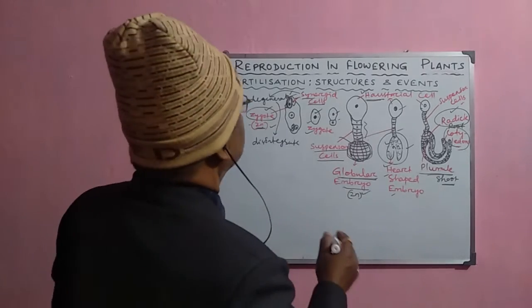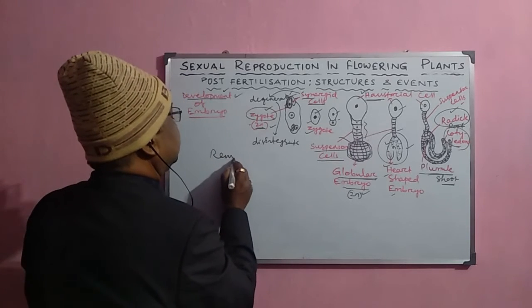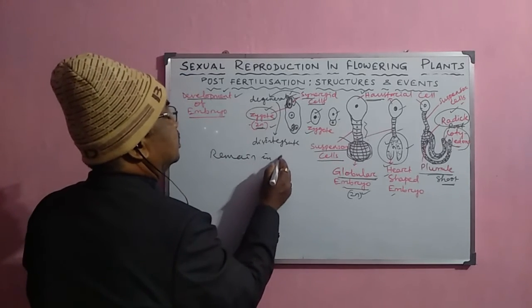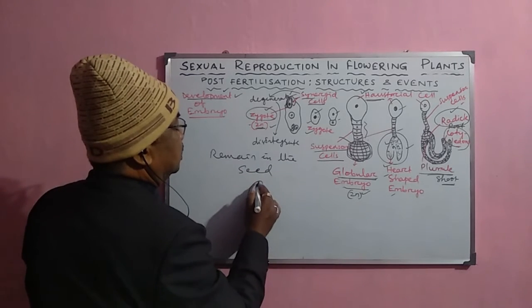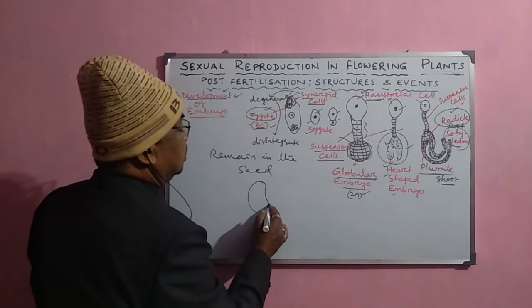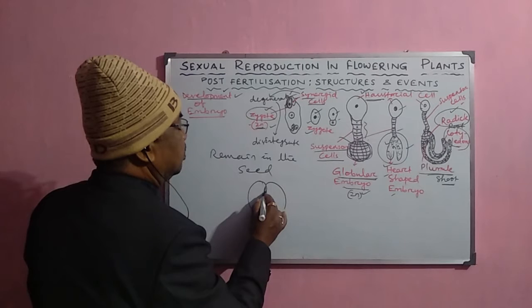Now after that, this embryo remains in the seed. Normally this is a dicot seed. So in this seed, you will find the developing embryo.